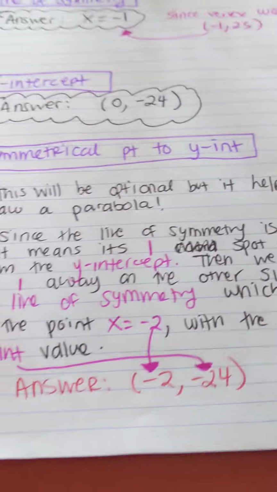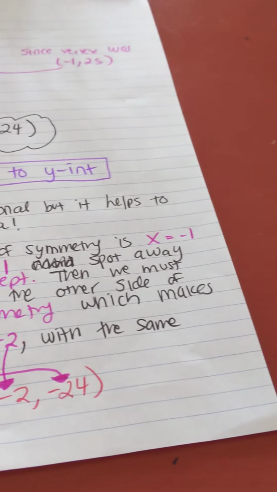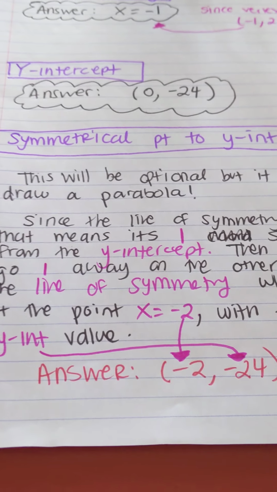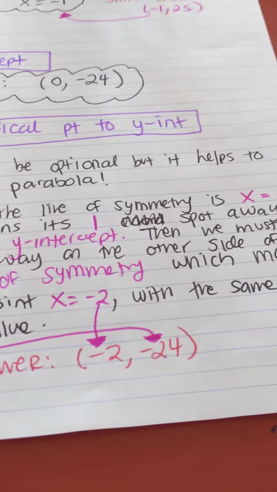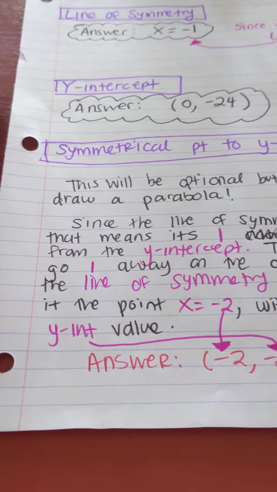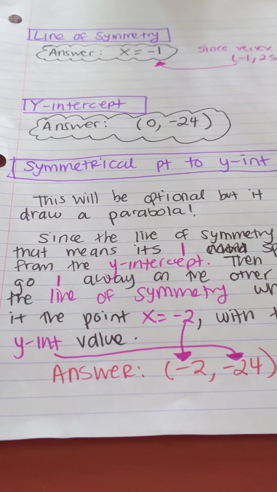So you won't be tested on it. You won't have to do it, but it might help some of you visually. Since the line of symmetry was x equals negative 1, that means it's 1 spot away from the y-intercept. Then we must go 1 away on the other side of the line of symmetry, which makes it the point x equals negative 2.